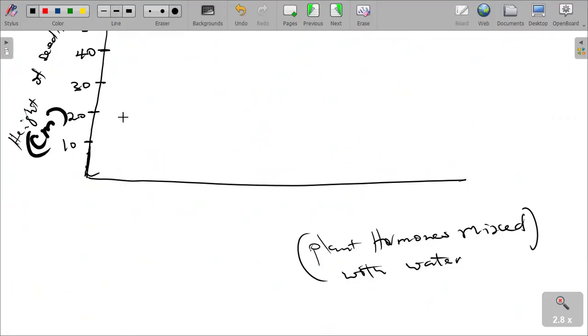So we are saying 21, it is water only. I can just draw it like that. Don't forget to indicate the measurement, 21.